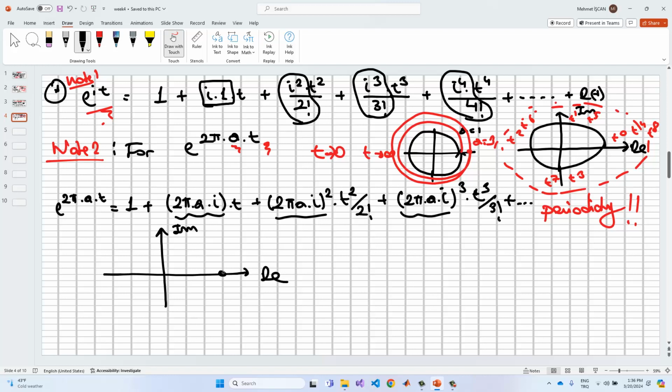Okay, and so how about this? In this case we have the 1, and so in here we have 2 pi a, and here (2 pi a) squared, and here (2 pi a) cubed, (2 pi a) to the 4, (2 pi a) to the 5, and so on.